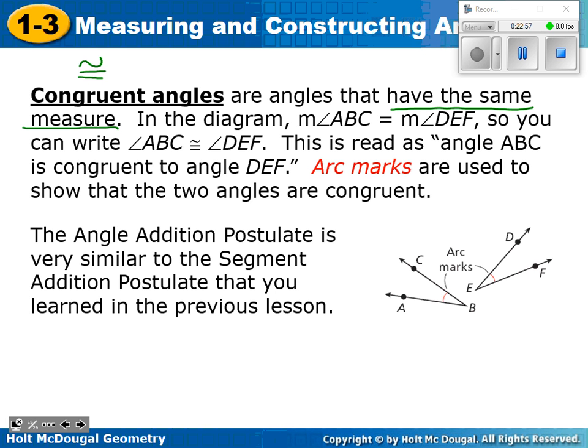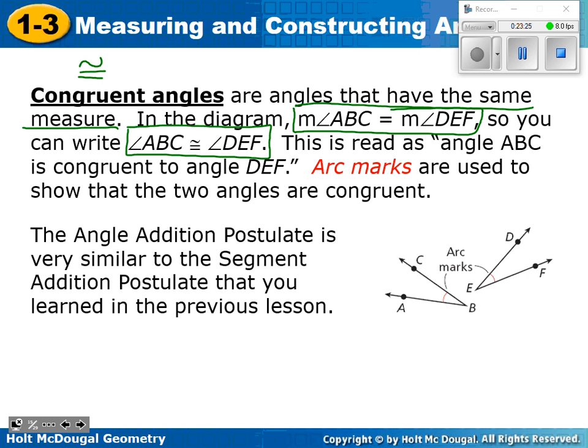I'm going to remind you about that picky notation. Shapes are congruent. So you can say angle ABC is congruent to angle DEF. You can say that line segments are congruent. But if you're talking about their measurement, 30 degrees, 100 degrees, their measurements are going to be equal. What is the difference between this statement and this statement?